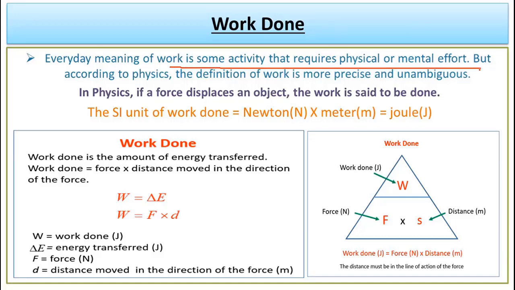But in physics, we have a particular definition for that. We can define work as any kind of force which causes a displacement in an object. Or you can say if a force displaces an object, then work is said to be done. It can be calculated with the formula force into displacement. It has the unit joule.